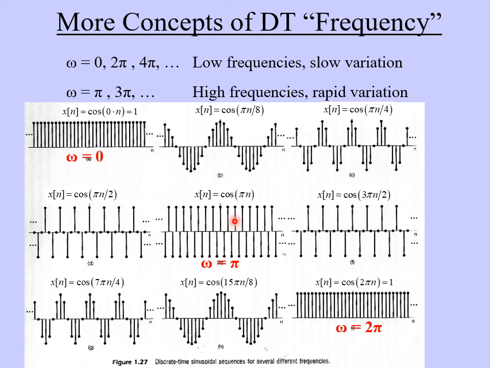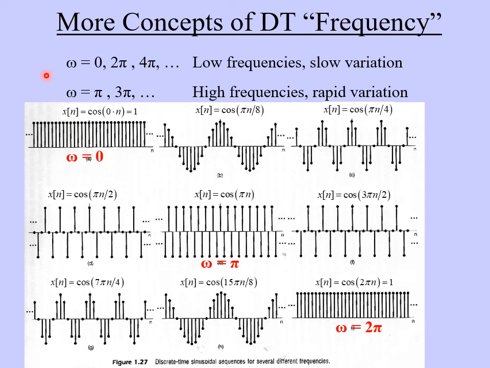And by the way, if we keep going, notice it starts slowing down again, and when we get back to 2 pi, we're back to our signal that doesn't oscillate at all, because remember, 2 pi is the same as 0.